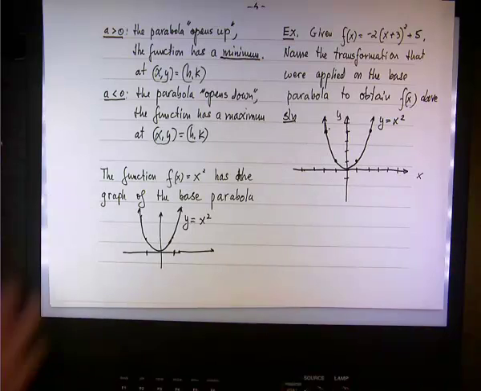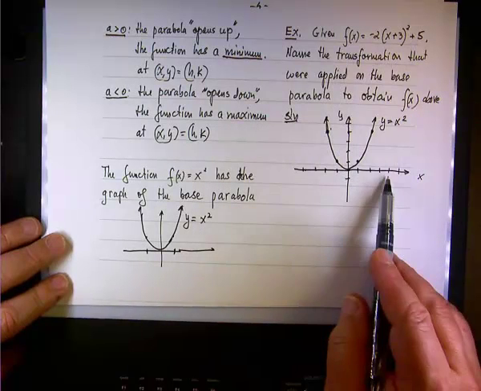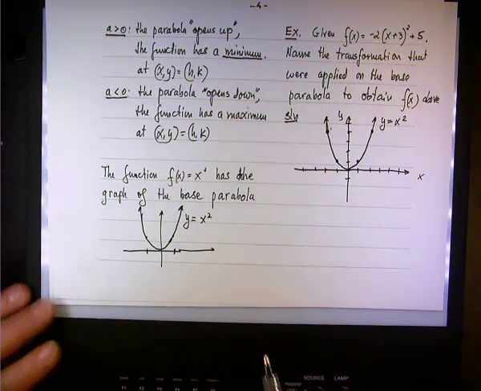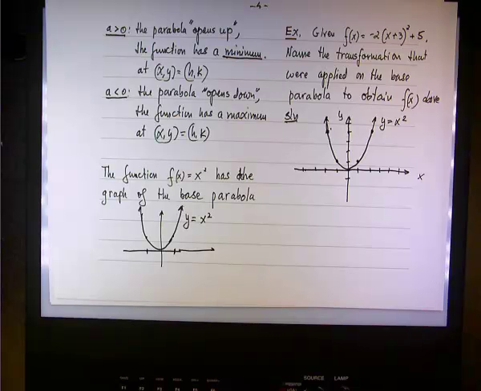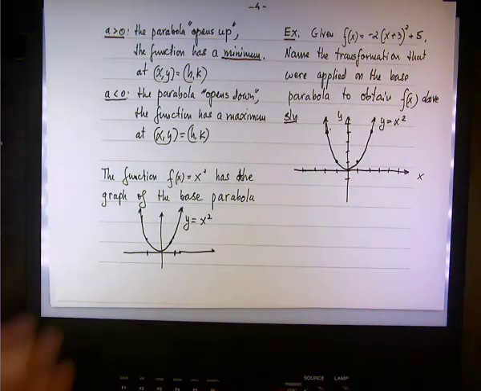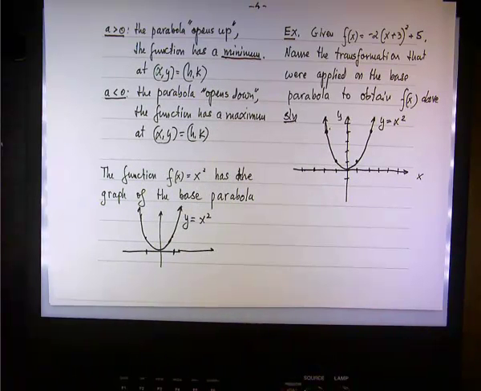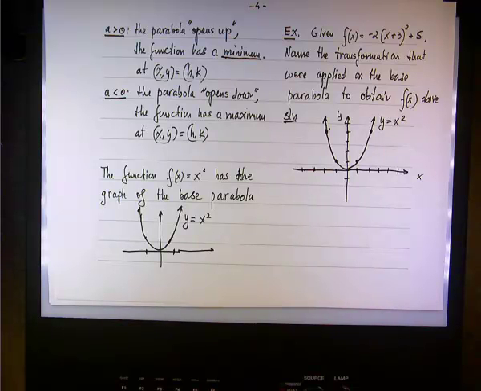So what have we done? If I'm looking at what we have here compared to what we started with, we need to follow order of operations here. So we start with the parentheses, and we have x plus 3. Well, that will be a shift to the left. We didn't talk about rigid and non-rigid transformations when we reviewed the transformations, but there are transformations that we call rigid and those that are not.